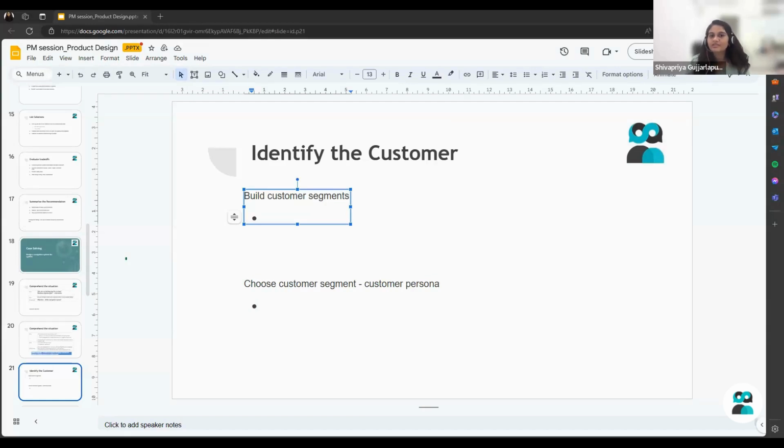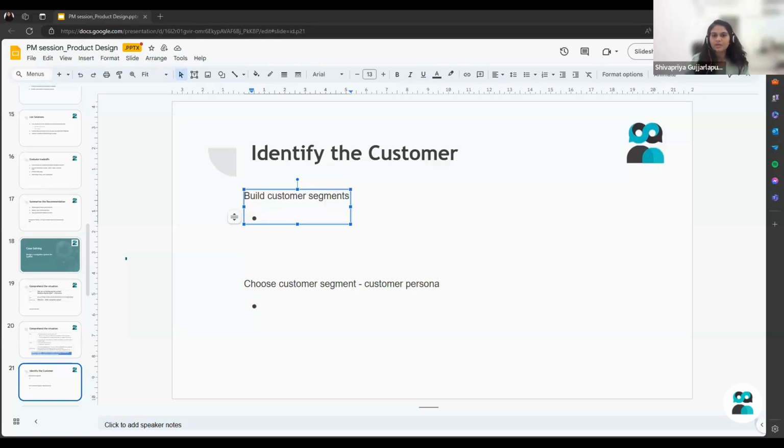Kids can already be students, and kids can also be players. So the segments need to be specific and niche enough to get at a non-overlapping persona list.